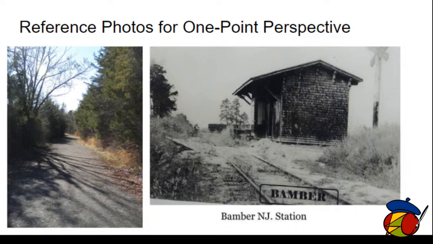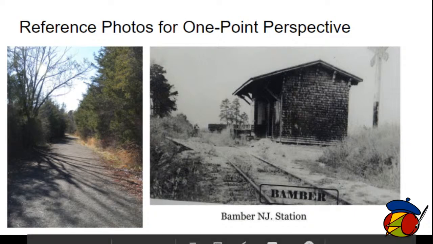But we see how that vanishing point still creates the dimension of the side of this little railway station here. And it's hard to see, you can't really see the horizontal ties here.